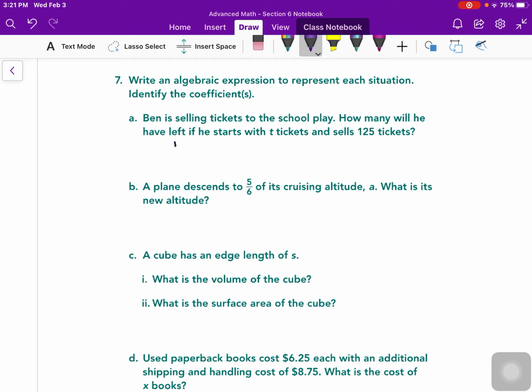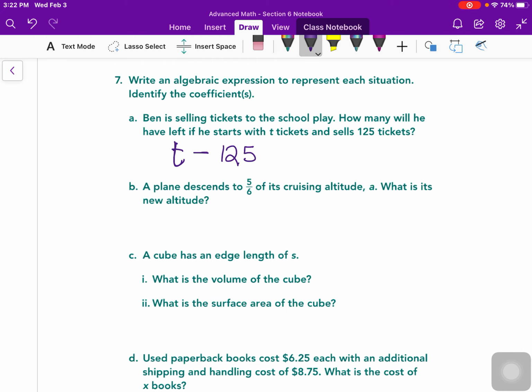He starts with T tickets, and he ends up, how many will he have left? He starts with T, and he sells 125. And so that's what our algebraic expression looks like.